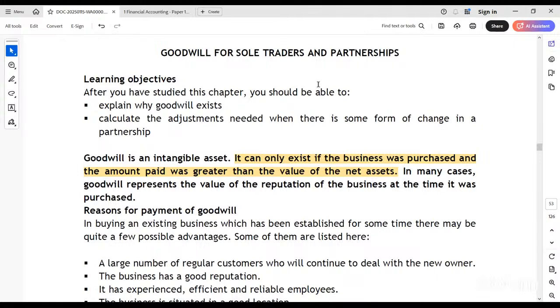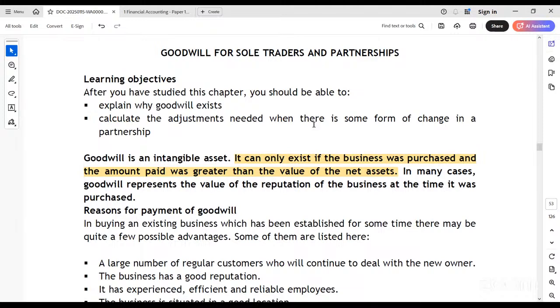Assuming you're purchasing a business which is already in existence, why do you have to pay for goodwill?